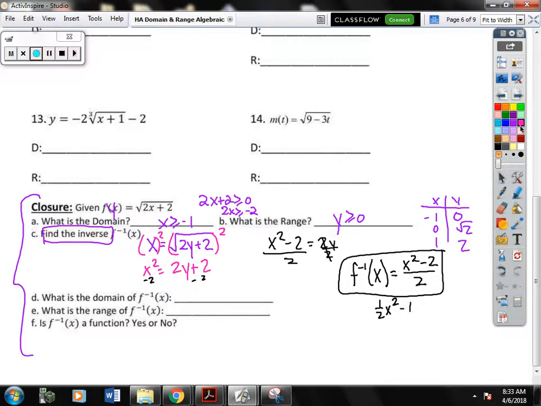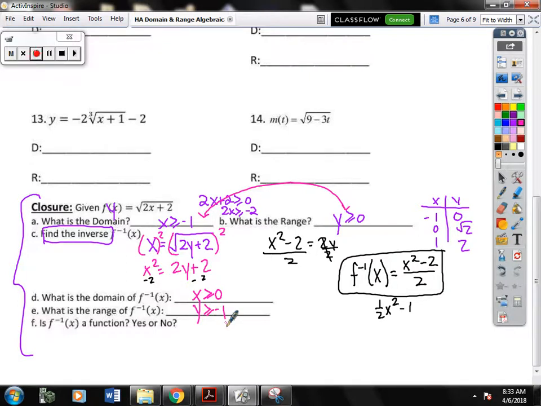Who remembers the relationship between the domain and range of the inverse in contrast to the original function? Caleb? They reverse. So remember, the domain and the range switch just like the x's and the y's switch. So we will end up with, the domain will be x is greater than or equal to 0. You do have to change the letter to an x. And the range will become what the domain was, y is greater than or equal to negative 1.